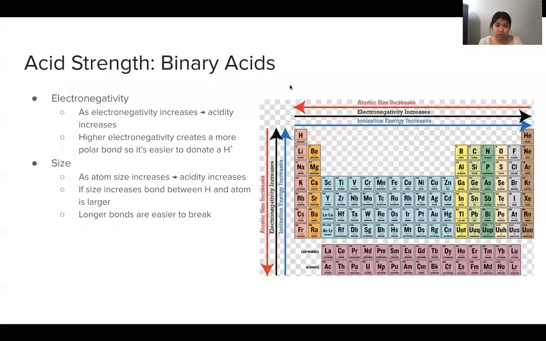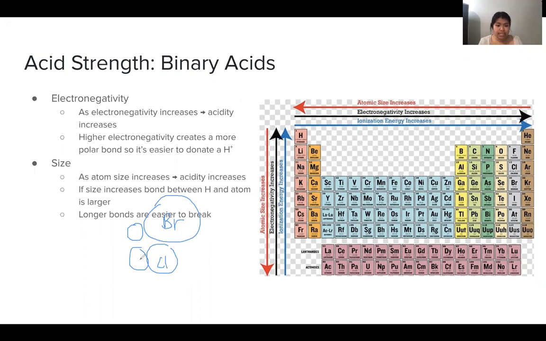So let's see if I can annotate really quick. Okay, this is my Br, and this is my Cl.